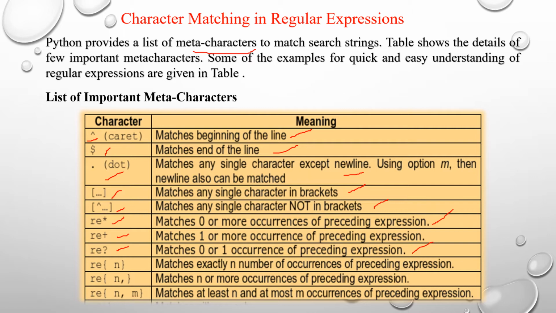And the next is re{n,m}: the meaning of this is matches at least n and at most m occurrences of the preceding expression.